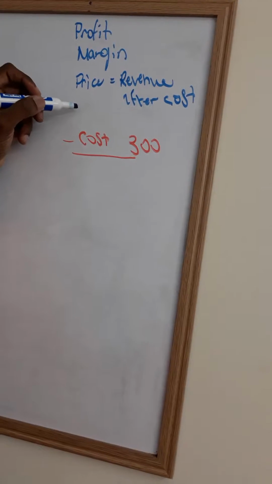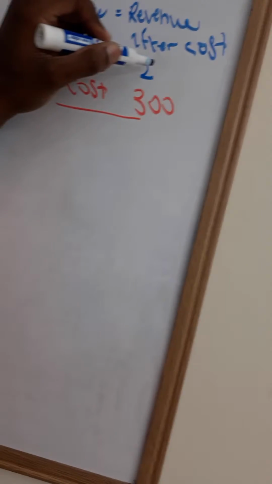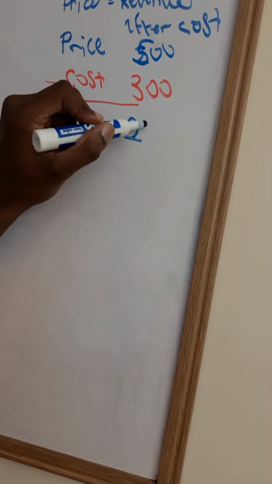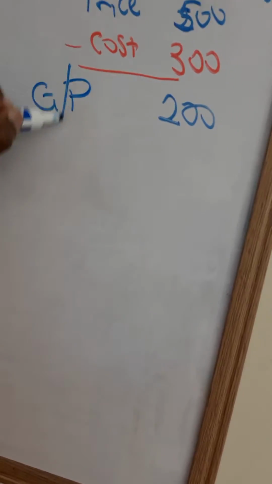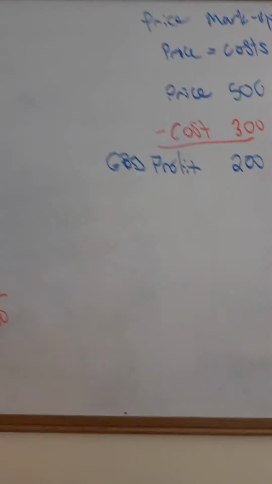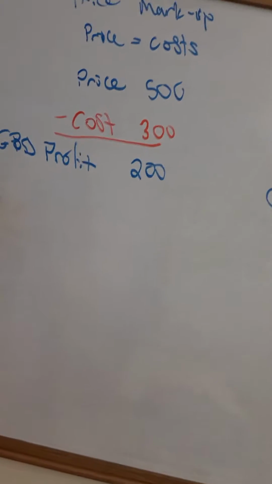So I'm doing my price markup. Now I'm working on a profit margin. We did say it's $200 of gross profit, and I'm going to put GP for gross profit. Now we have the formula for finding our price markup percentage, our PMP.